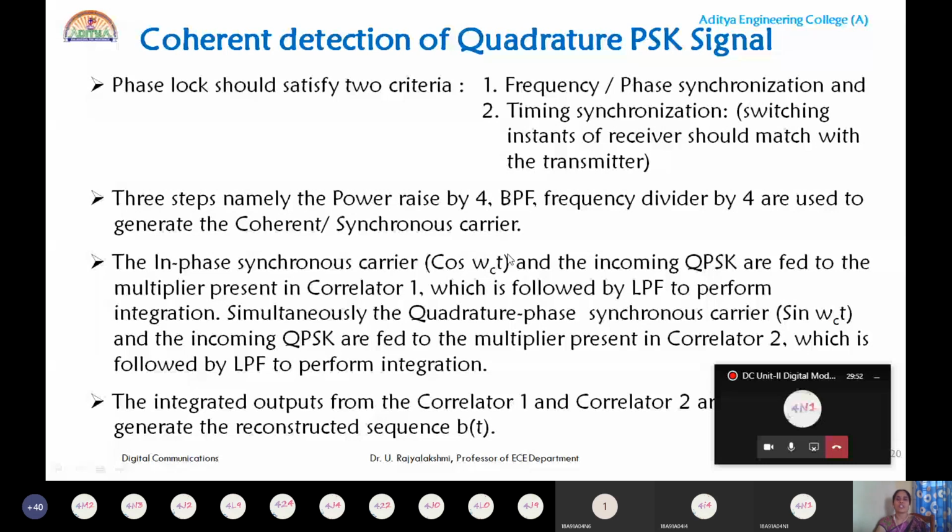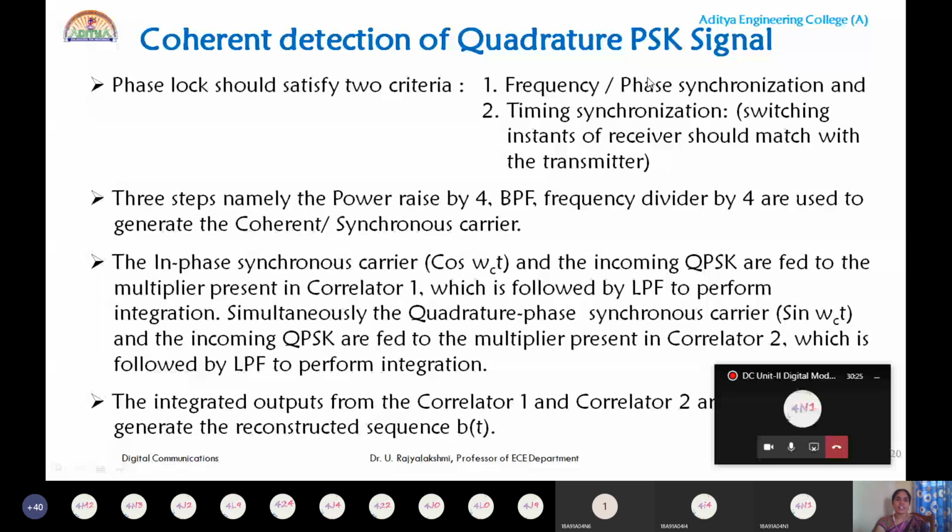Here we used three sections, namely power raised to 4, frequency divider and bandpass filter. These three sections are used to generate the synchronous or coherent carrier. This coherent carrier is used for frequency or phase synchronization. And the timing synchronization is provided by the demultiplexer at the transmitter and the multiplexer at the receiver.